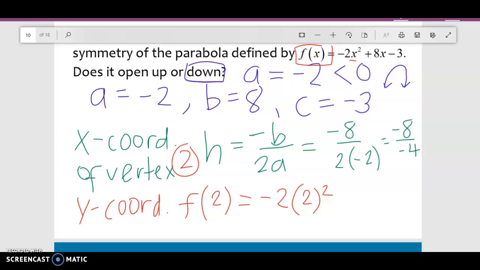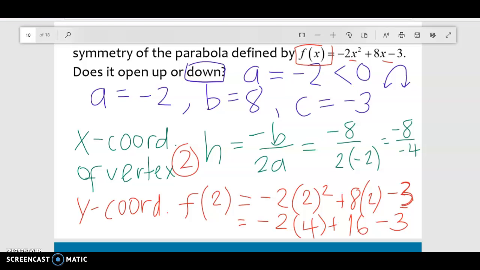So I'm just plugging in 2 for every x in the function. All right, plus 8 times 2, minus 3. Sorry about that. Okay, and so we have negative 2 times 4. 2 squared is 4, plus 16 minus 3.